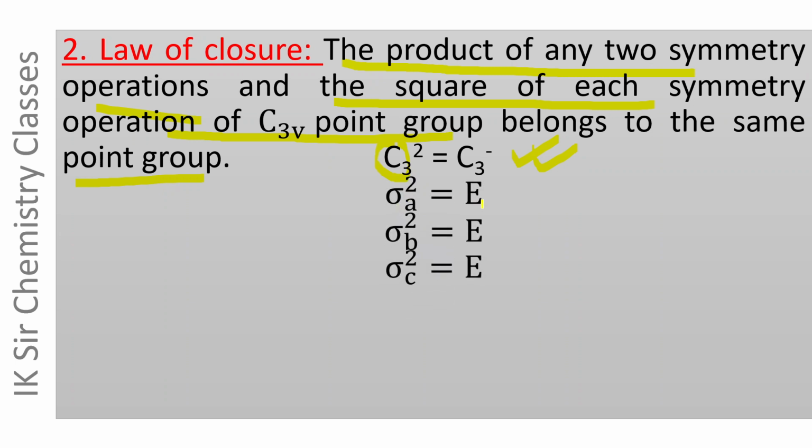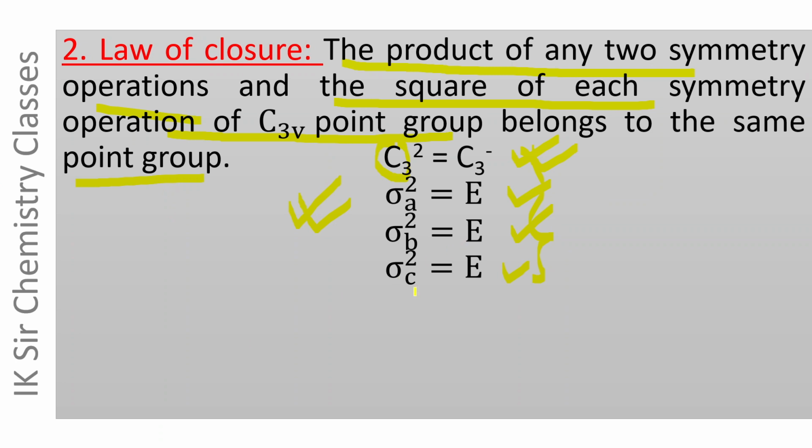Sigma A square is equal to E, sigma B square is equal to E, sigma C square is equal to E, and these belong to C3v point group. It means the square of each symmetry operation of C3v point group belongs to the same point group.